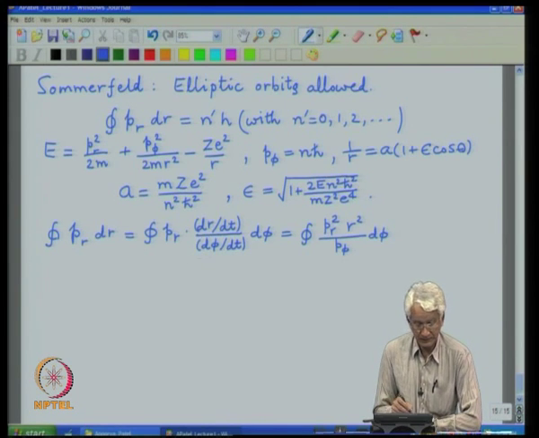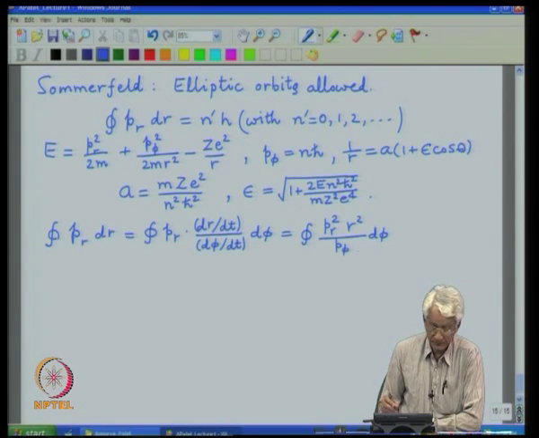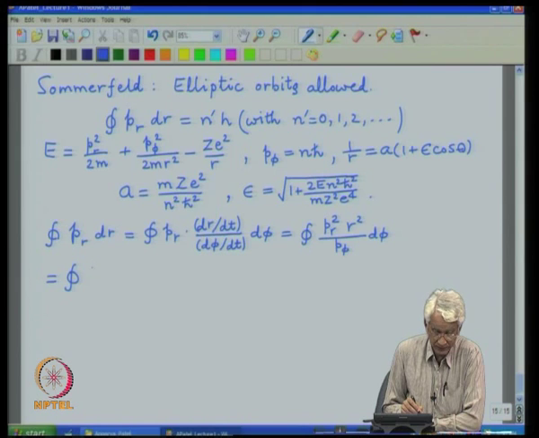The first step is essentially to rewrite the radial integral in terms of the angular variable, which makes things a little bit easier to evaluate, and now this can be written in terms of explicit functions.